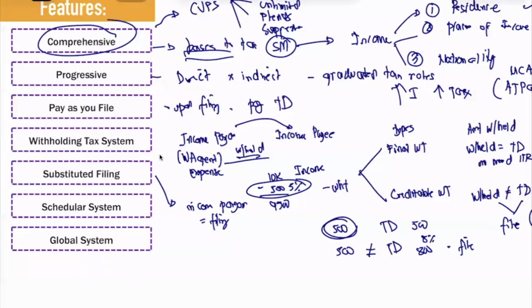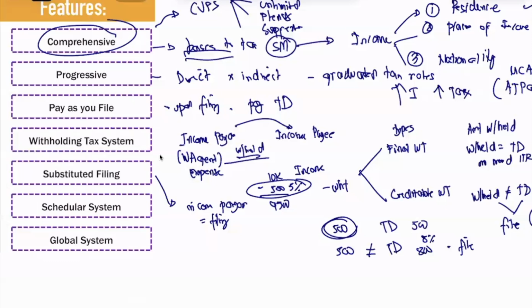It means that instead of the income payee filing their own tax return, it is now the income payer who files for the income payee. So what happens here? It means that the income payee does not need to file anymore, because what is filed already by the income payer is considered sufficient.